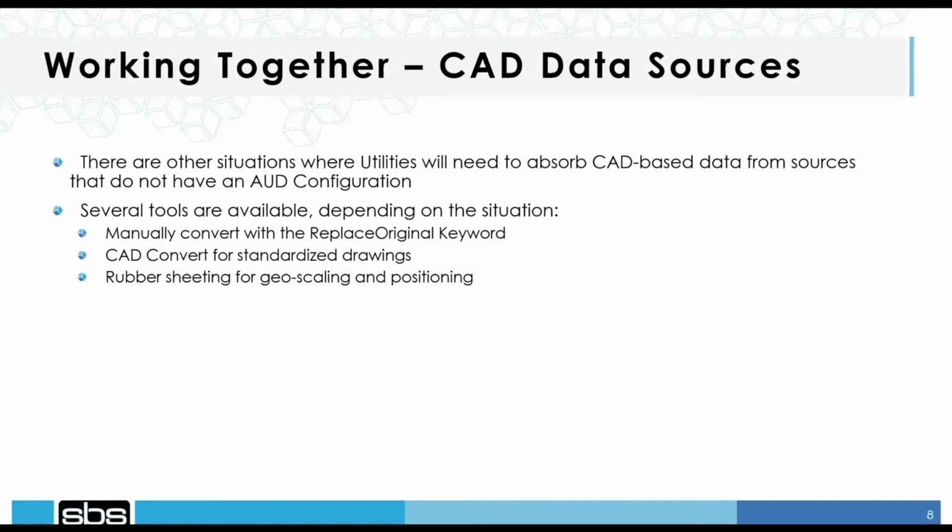We have CAD convert for standardized drawings. In many cases, an applicant design process will say that you must have these blocks on this layer and with this color, and be very defined about what they'll accept in that process. When you have that level of standardization, CAD convert can be a good option.